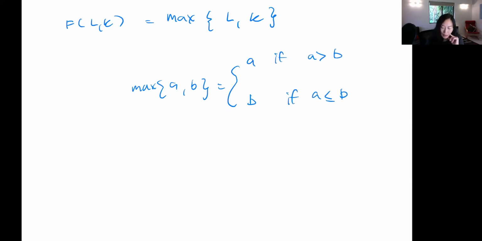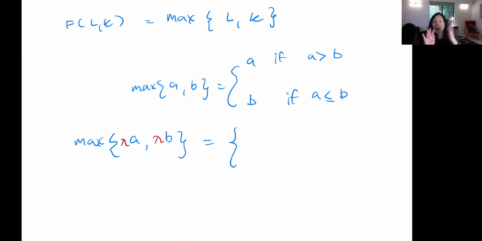So if I multiply A and B by the same value, lambda, then again lambda has to be positive. Lambda is a positive value, so we're not dealing with negatives, because this is about returns to scale.